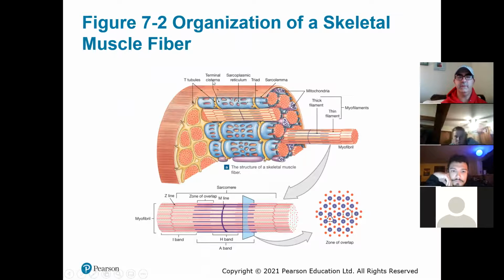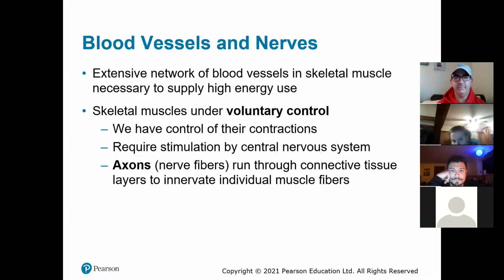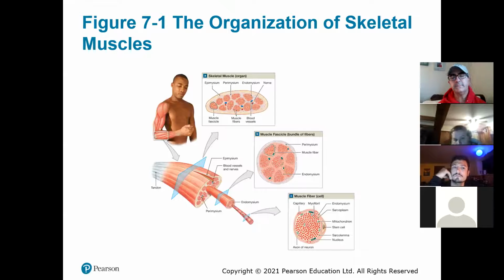This bigger cylinder up top is a muscle cell or muscle fiber, and what they're pulling out is one of those little bundles called a myofibril. So a whole muscle is myofibrils bundled together as muscle cells, those muscle cells bundled together as fascicles, and those fascicles bundled together as a whole muscle. It's bundles of bundles of bundles.